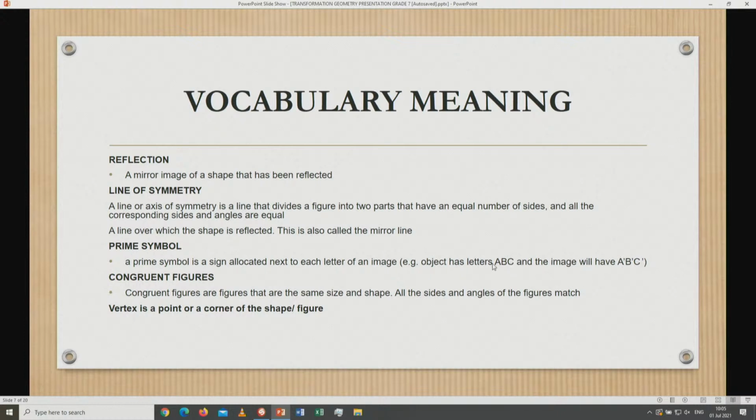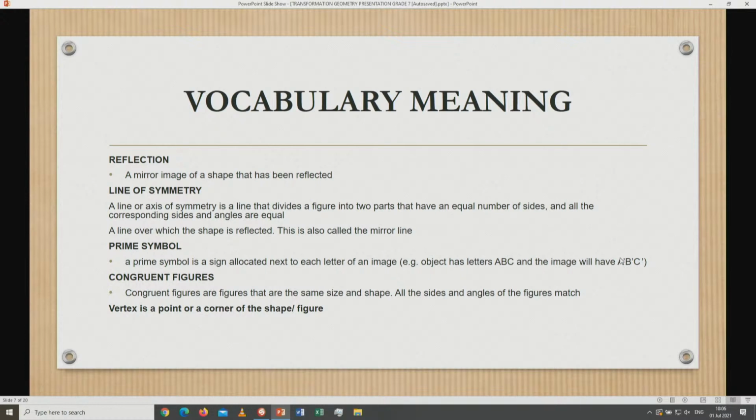It is no longer the original object, which does not have those markings. It may be translated, rotated, or reflected, but the symbol will have a prime, so we call them prime symbols.